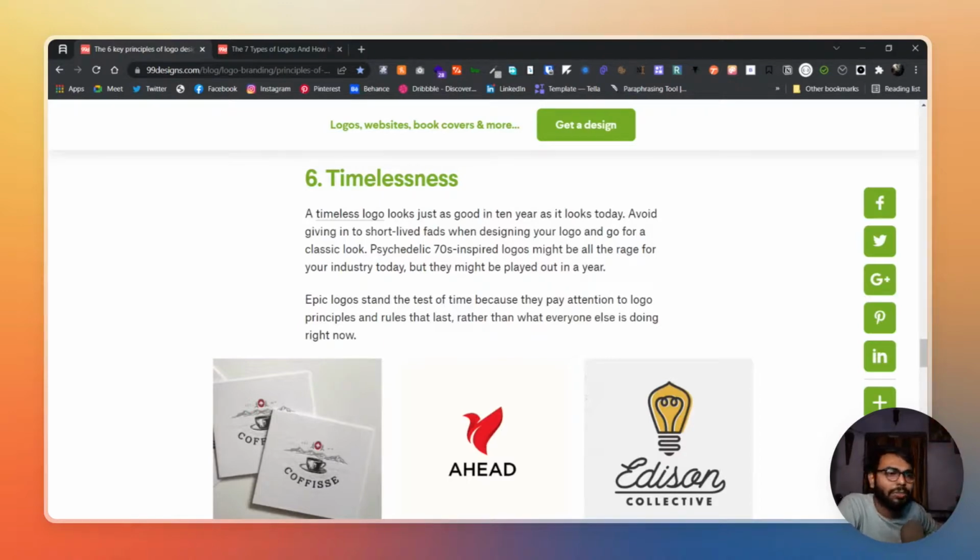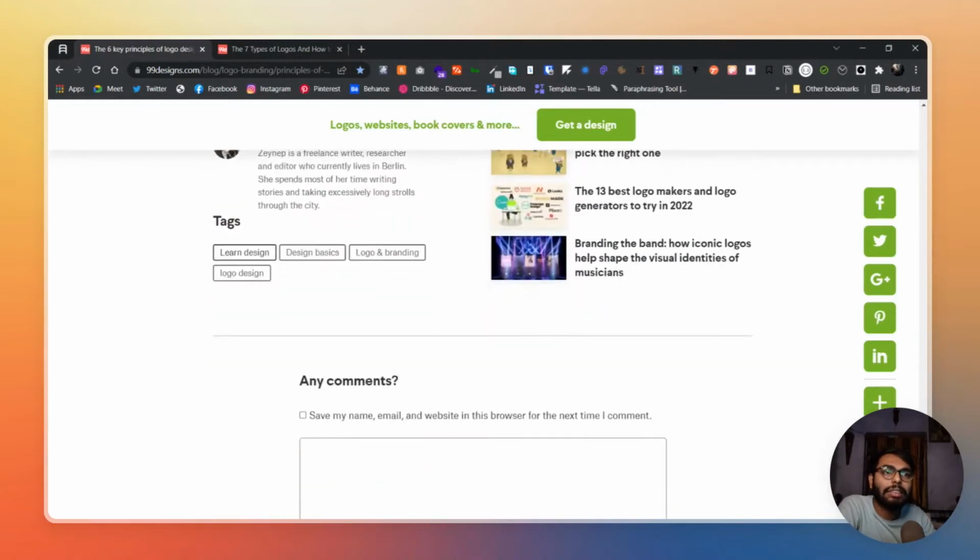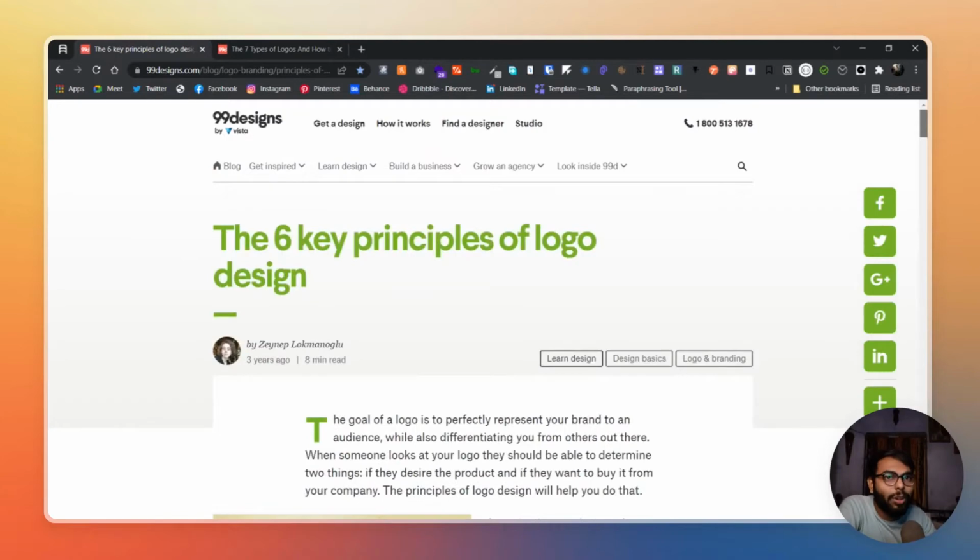It should be one of our top priorities when we are redesigning or designing a logo. So that's it about those two blogs, and I go through them a lot of times and I love them. This is something I am sharing from my bag of secrets to you.